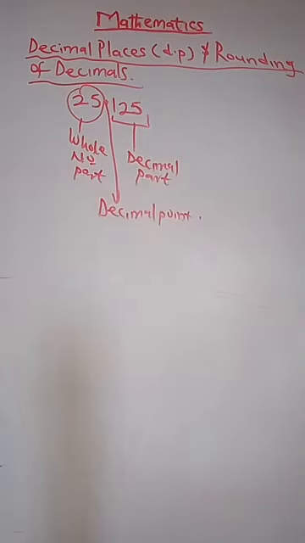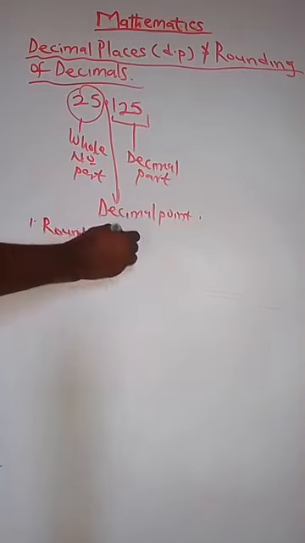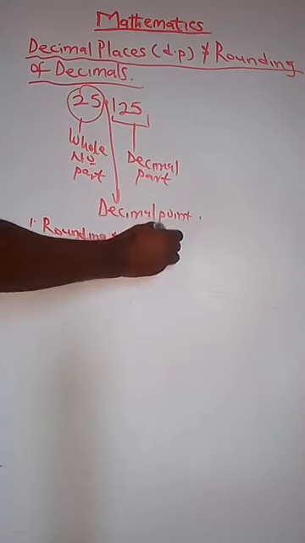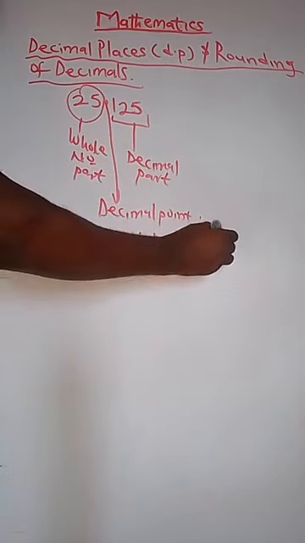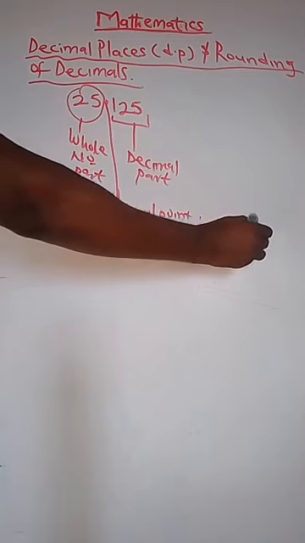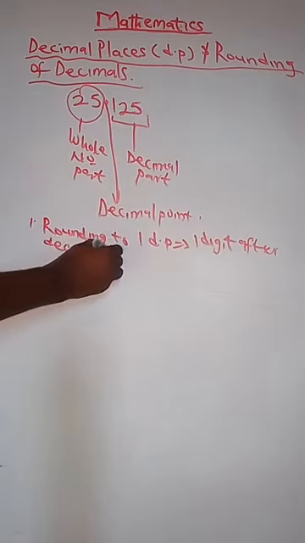So, when rounding off decimals to a specific decimal place or place value, you need to note the following. 1. Rounding to one decimal place means one digit after the decimal point.